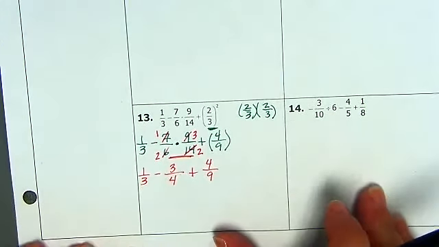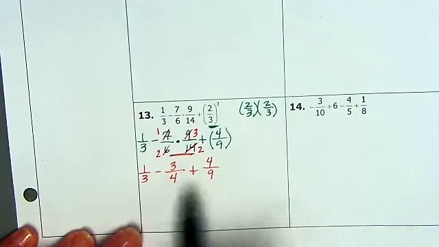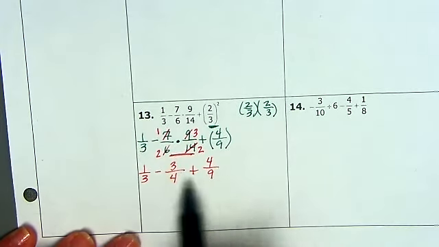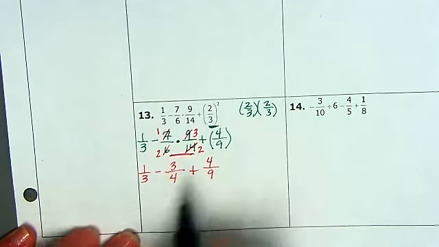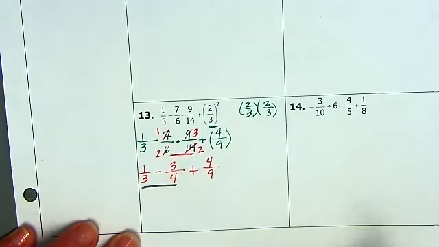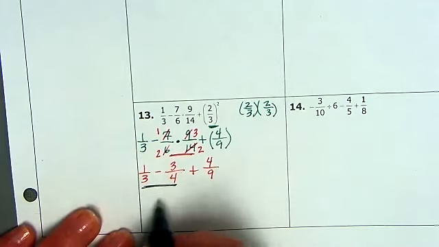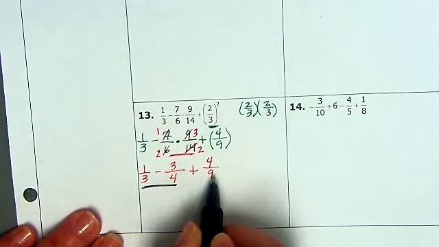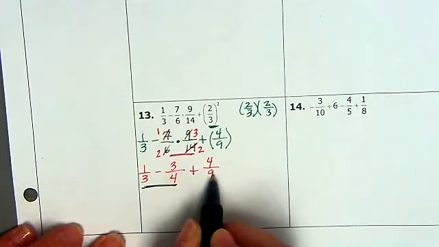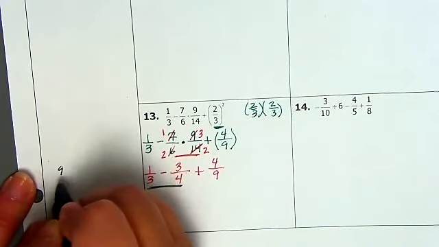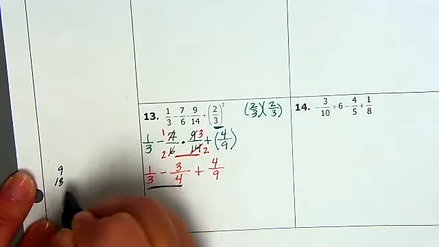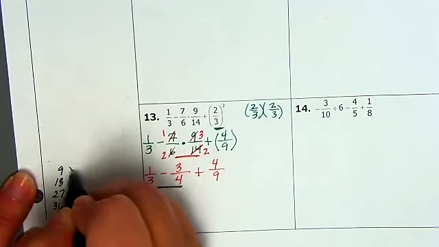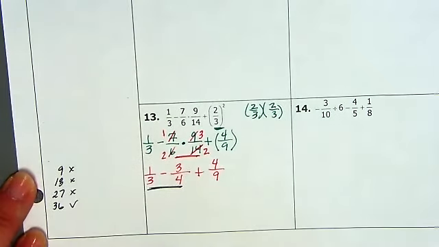And now I'm down to where I've got to get a common denominator between these, okay? Might as well at this point make it one that they can all go into, because I'm going to have to add or subtract all of them, even though I'm going to start with these two at first, okay? But I'm going to go ahead and change to all of the same common denominator, which 3, 4, 9. I'm going to start thinking with 9. So that's going to go 9, 18, 27, 36, no, 36 works.